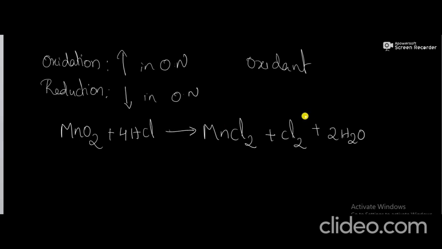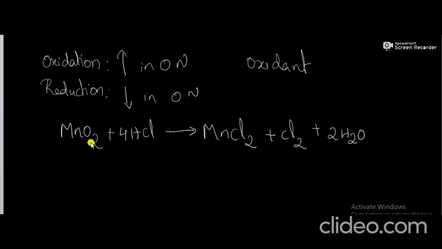So in this reaction, which molecule is the oxidizing agent and which is the reducing agent? Let us find out the oxidation number of all the atoms present in this reaction.